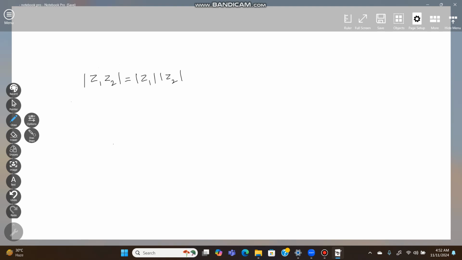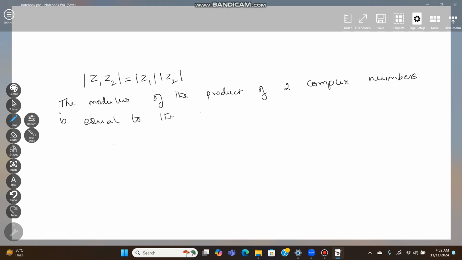I'm going to write the same thing in words. The modulus of the product of two complex numbers is equal to the product of their moduli.